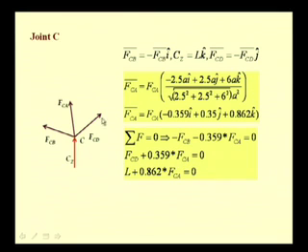Since we are interested in determining this force in CD, we can solve these two equations to determine the force in CD, and it has been found to be 0.417 times L.